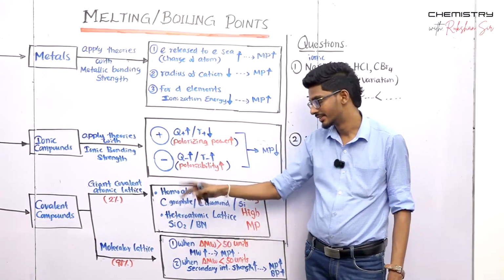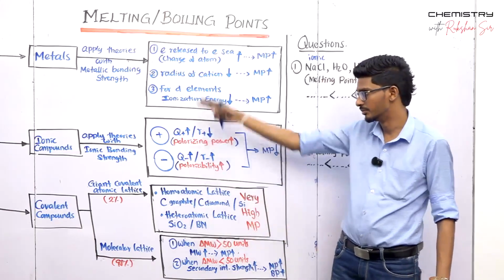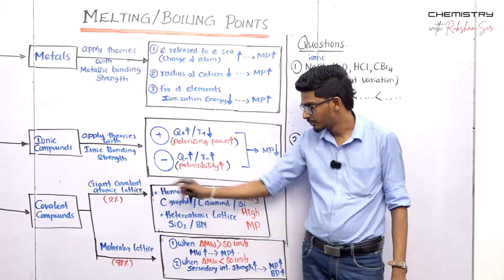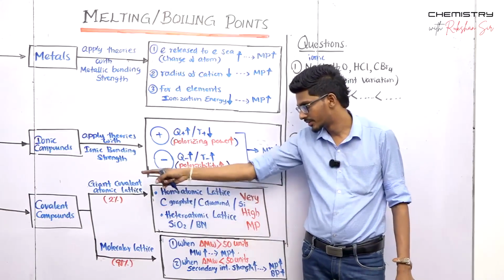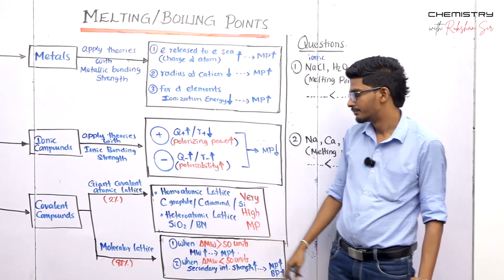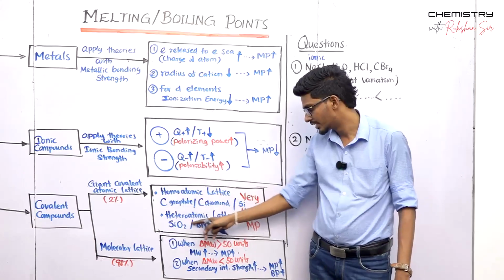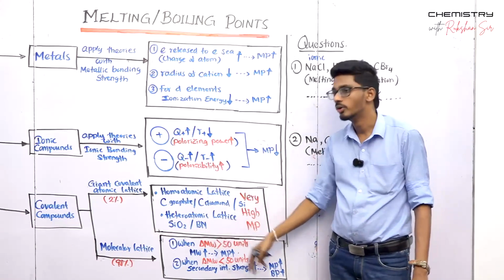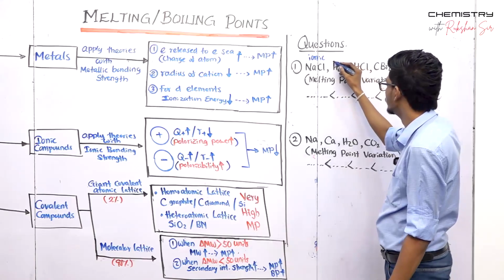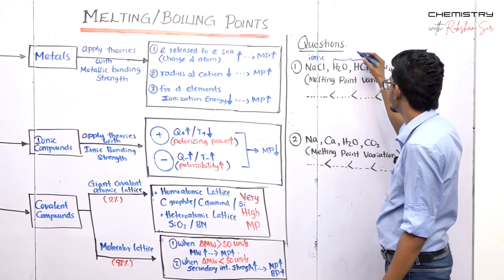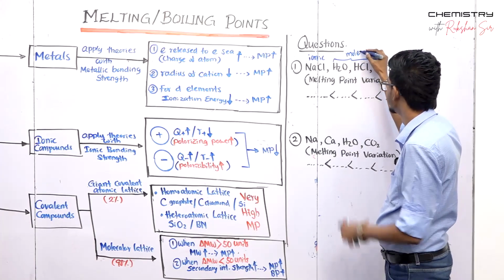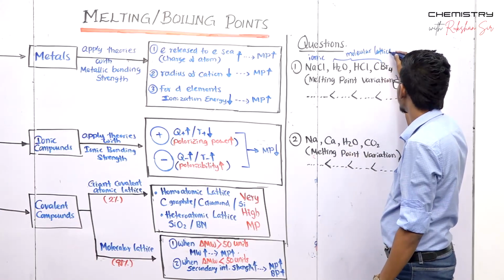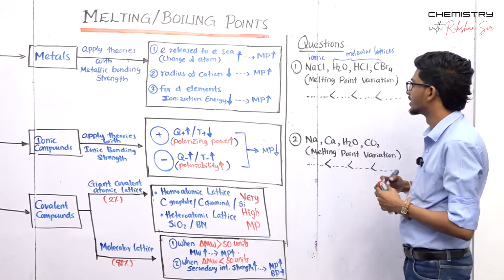Covalent means just non-metal combinations, and metals means just metals appearing. So these others are non-metal combinations, which come under covalent compounds. You don't see any of the giant lattices there, so all of these are covalent compounds coming under molecular lattices. Here the rules related to molecular lattices should be applied.